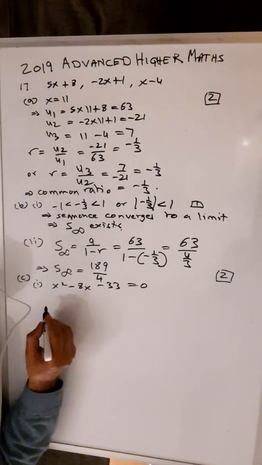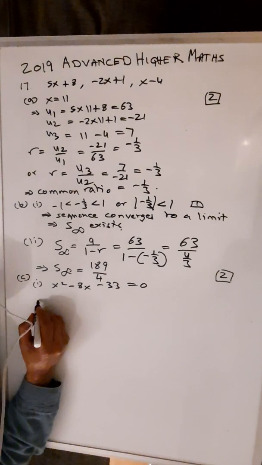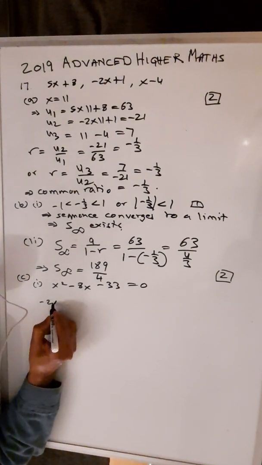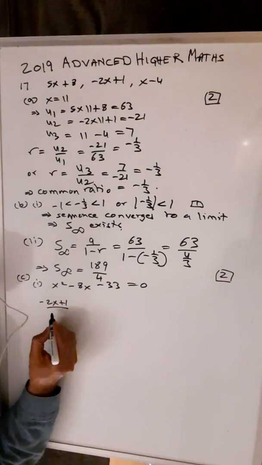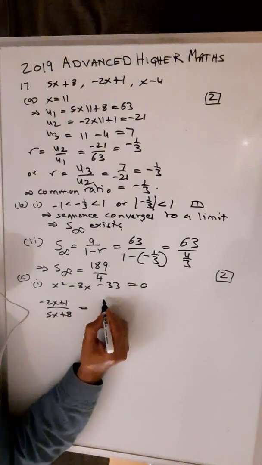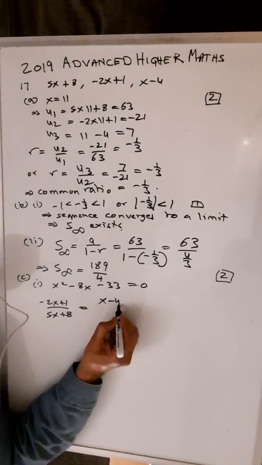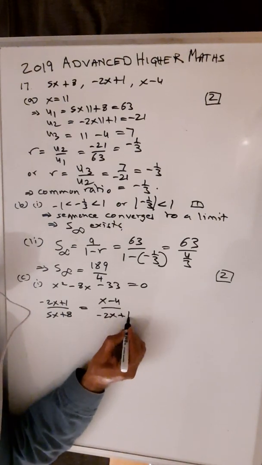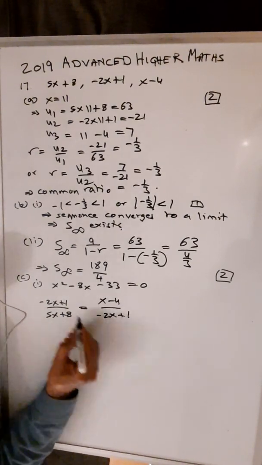So what you're going to use there is, from the original 3 terms that are given, (-2x + 1) over (5x + 8) is equal to (x - 4) over (-2x + 1). So you're going to cross multiply here.